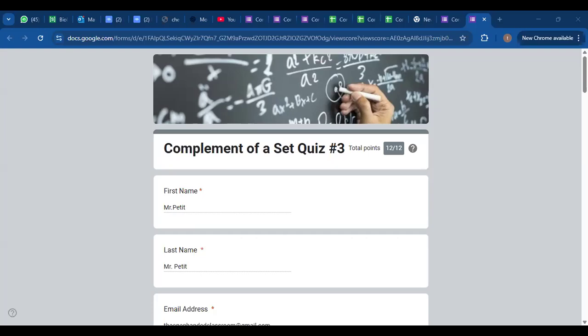We'll recognize the top 10 or top 5. Should we do top 10 or top 5? She said let's do top 10, so we're going to do top 10.